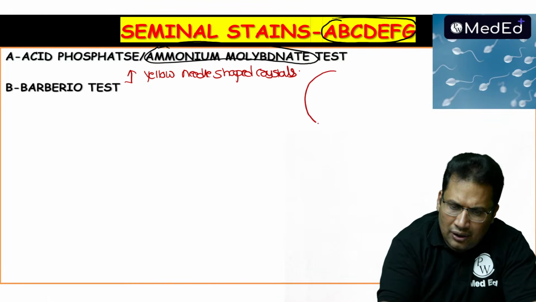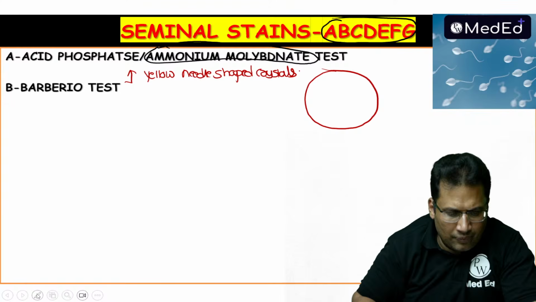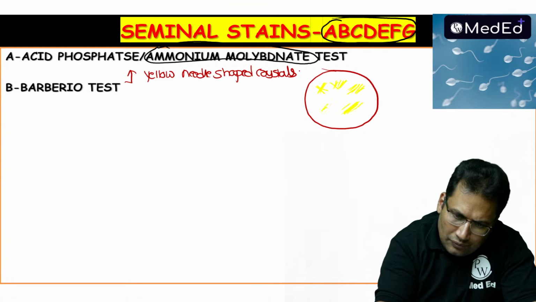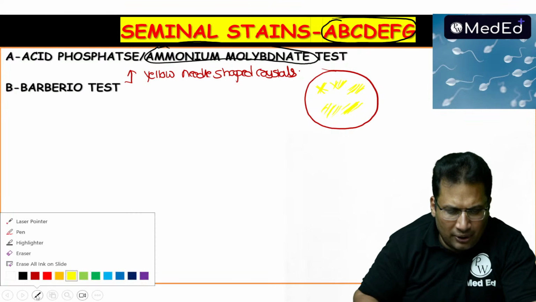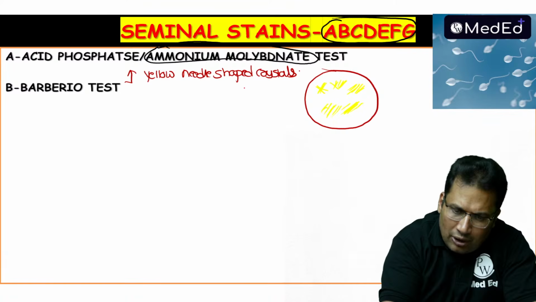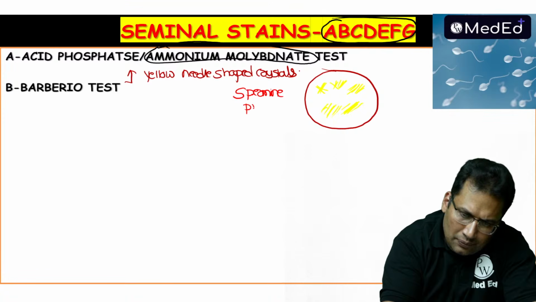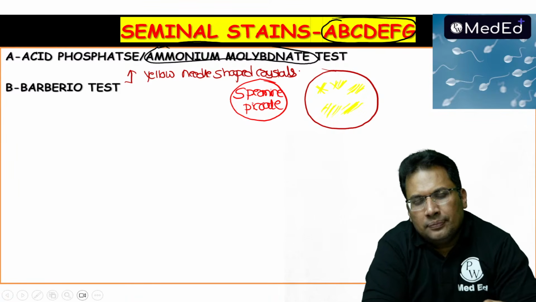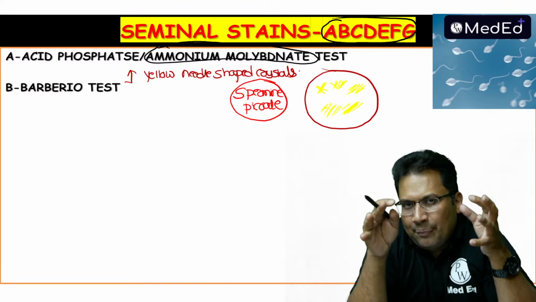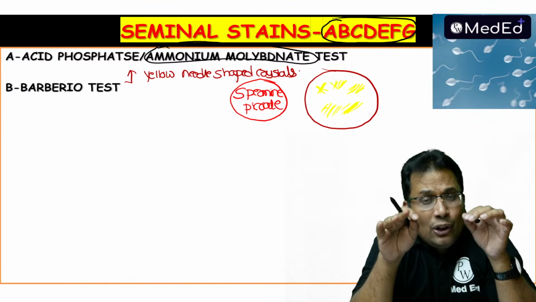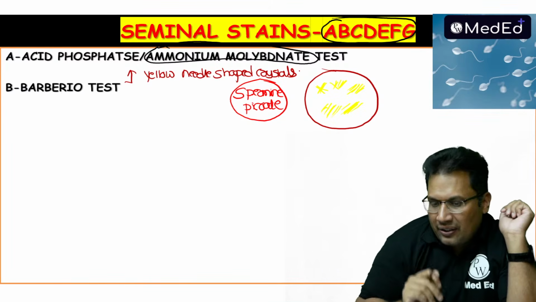So yellow needle-shaped crystals basically form spermine picrate. The spermine is present in the seminal vesicle. That combines with the picric acid, it forms spermine picrate that gives rise to yellow needle-shaped crystals. Barberio test, commonly asked.